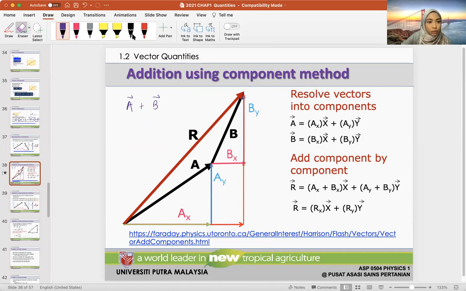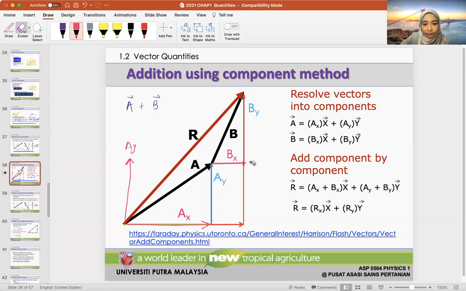So if I use the component method, I break it down into its X and Y components. The way we like is AY this way, AX this way. Your vector is in between the components. One component AY, one component AX.